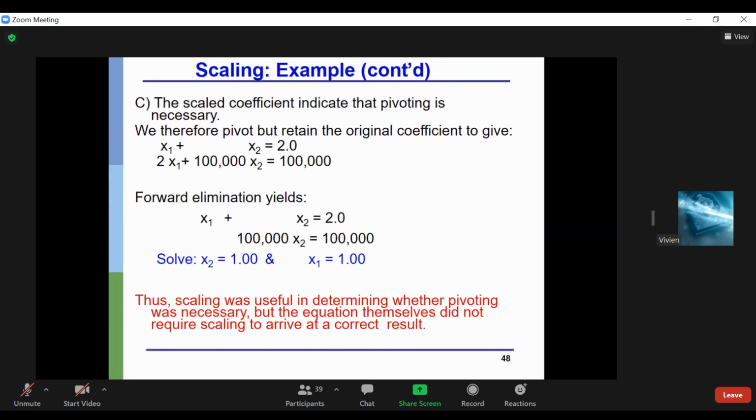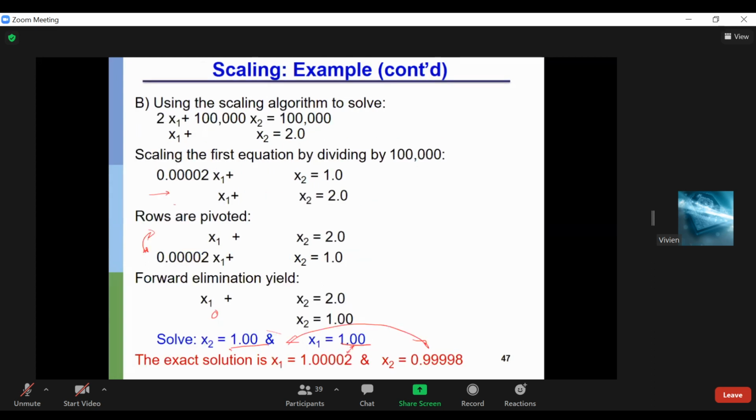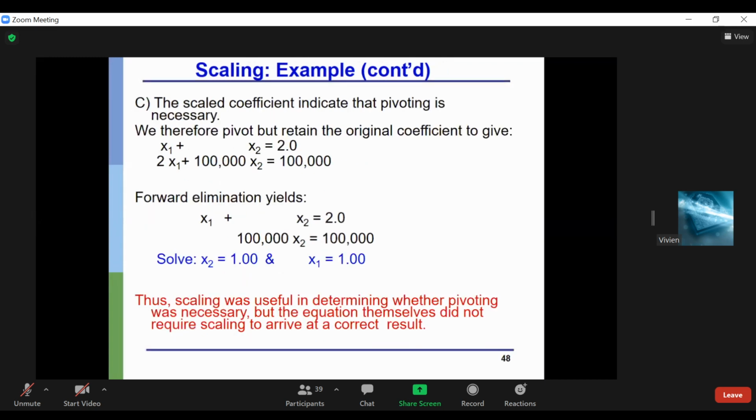Now, why do we need to do scaling? Actually scaling is not really affecting the calculation directly, but with scaling, we now know that we need to do pivot. So actually, scaling was useful in determining whether pivoting was necessary, but the equations themselves did not require scaling to arrive at a correct solution.